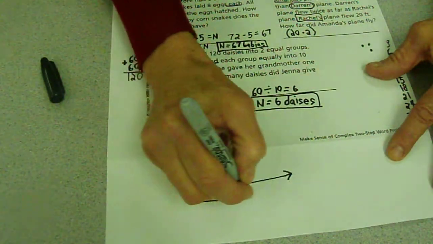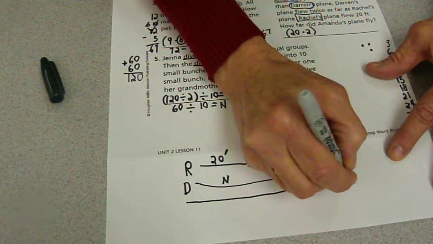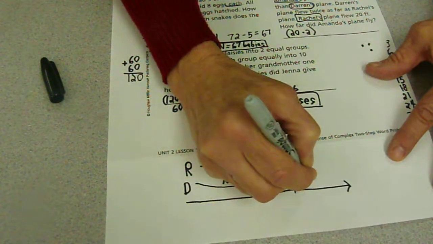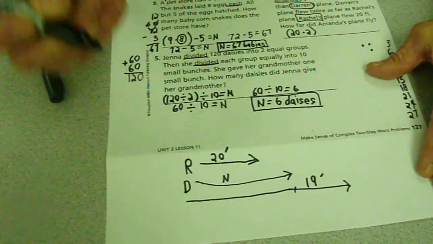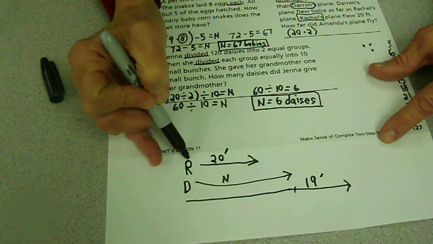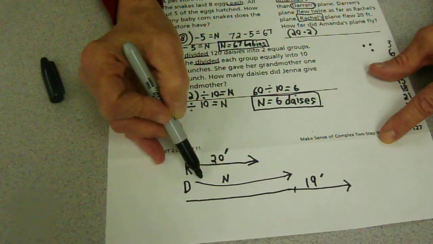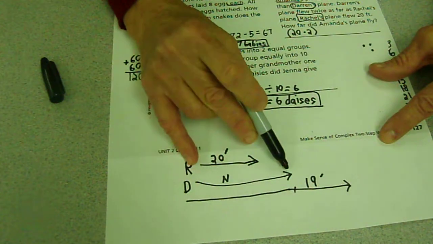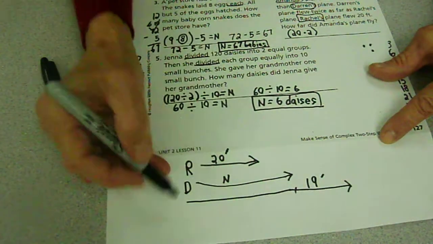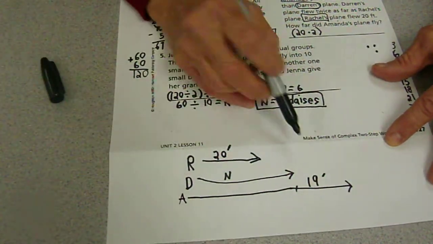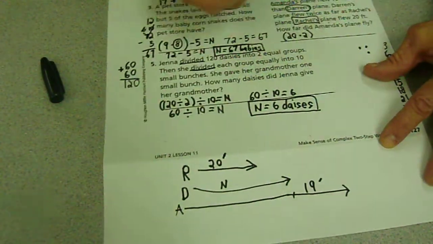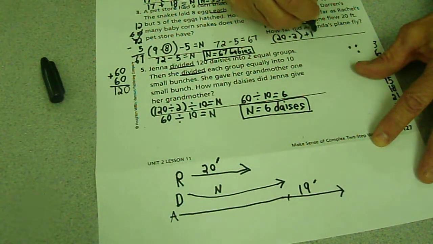So here's Darren's, and then she flew 19 feet further than Darren's. So I'm going to take Rachel's 20 feet. I'm going to double it to find Darren's, and then Amanda's flew 19 feet farther than Darren's. So I'm going to add 19 feet on here.